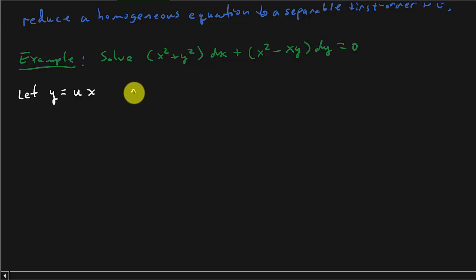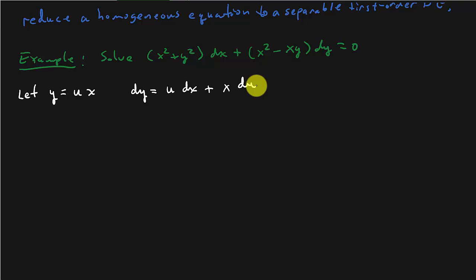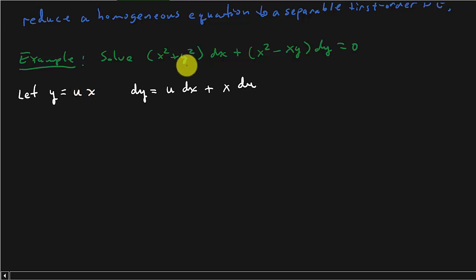Then we have dy is the first function times the derivative of the second plus the second function times the derivative of the first. So there's dy. And so what we're going to do now is plug everything in. We're going to plug this in for y and this in for dy.